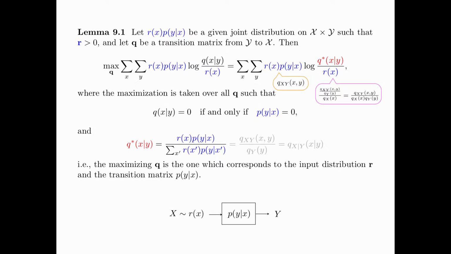And so the double summation is summation x summation y Q(x,y) log of Q(x,y) divided by Q(x) times Q(y). That is, the mutual information between the input variable X and the output variable Y.